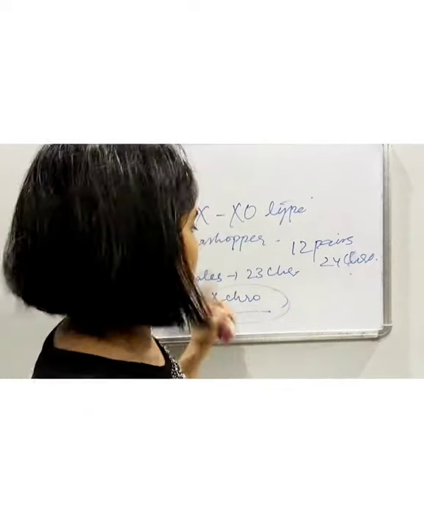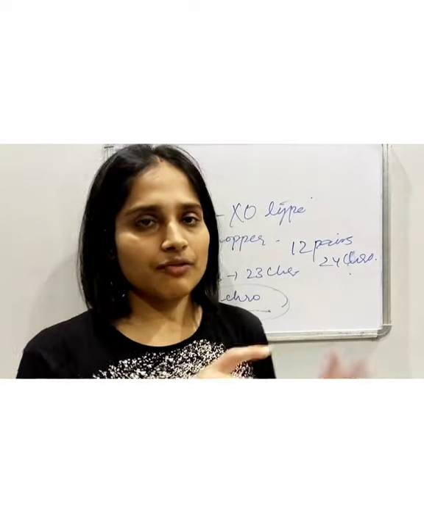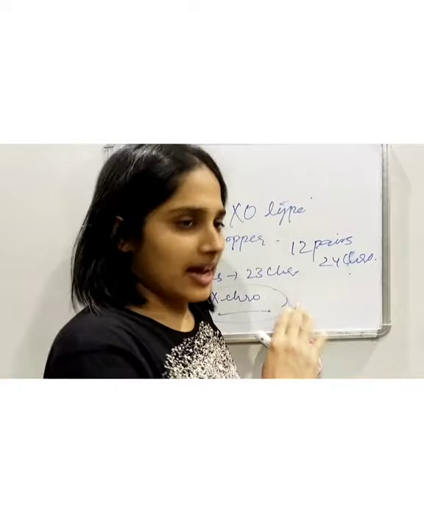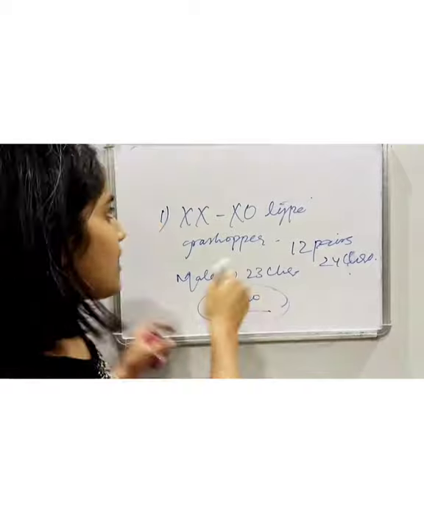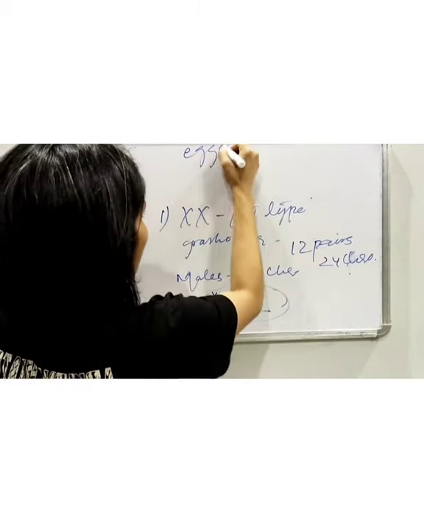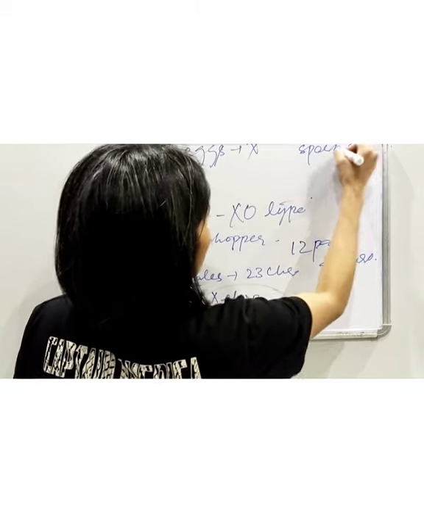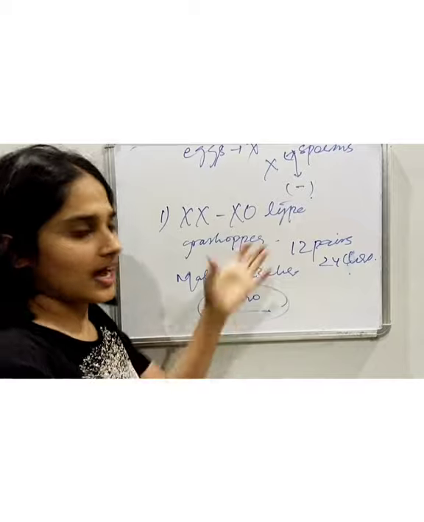So 50% of the sperms actually bear the X chromosome, while the remaining do not possess this X chromosome. During fertilization, all eggs have X, whereas half of the sperms have X and the others do not have X.